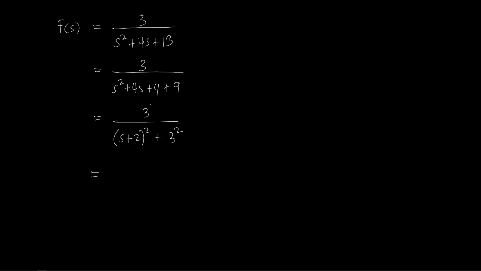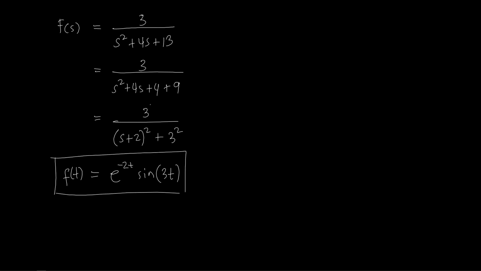So it is sine. Then we have e raised to a positive power there, so it becomes negative 2t. Then this is sine of 3t. Is that clear? Yes, sir.